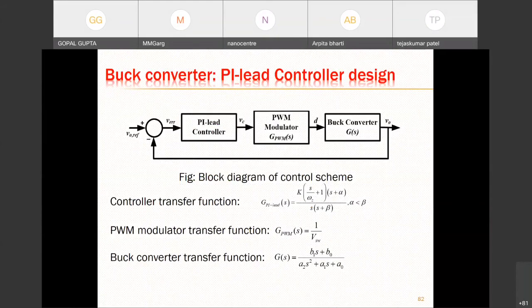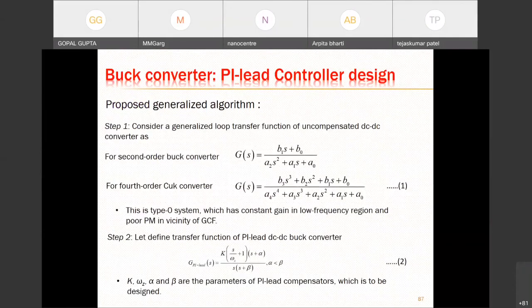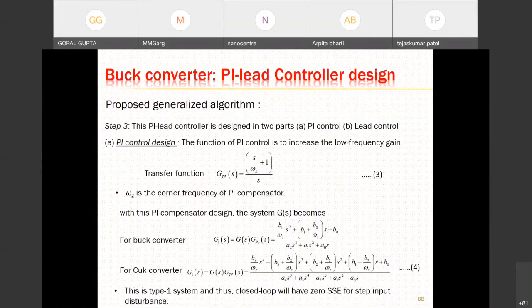Then for the phase margin, some portion of the controller should provide a positive phase in the desired crossover frequency region, then both things could be achieved together.